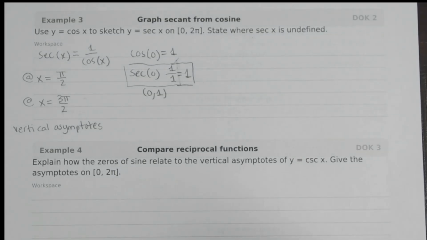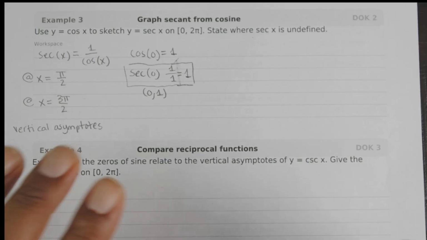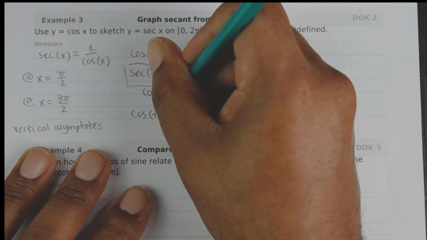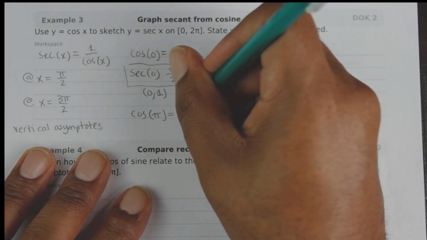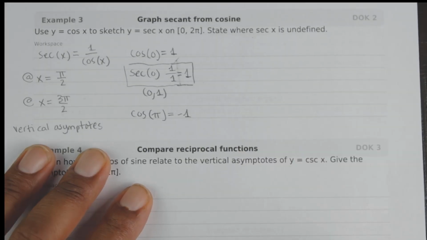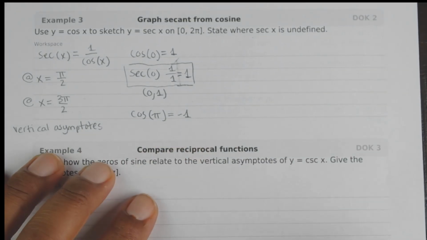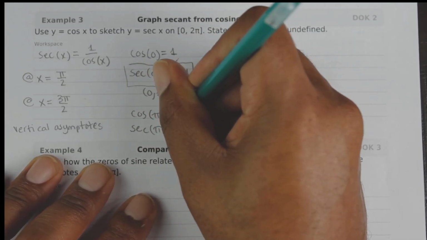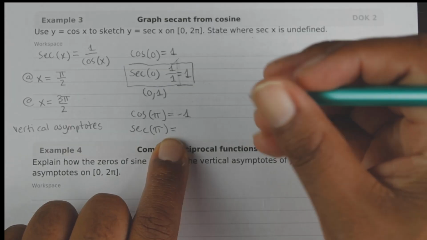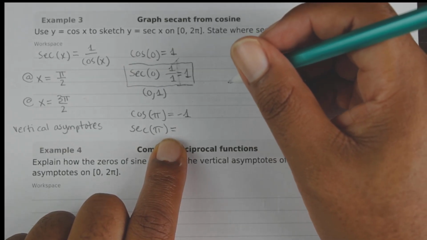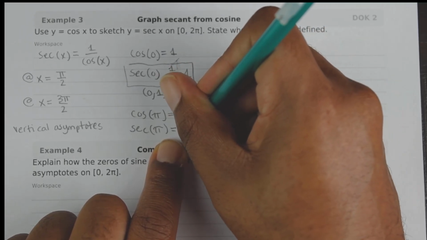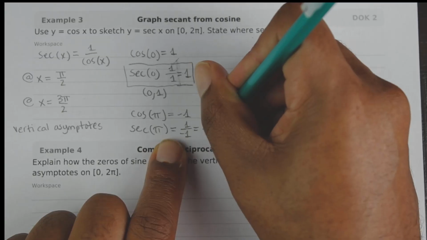Then we have cosine pi, which is negative 1. So the secant of pi would be the reciprocal of that, which is 1 over negative 1, which is negative 1.